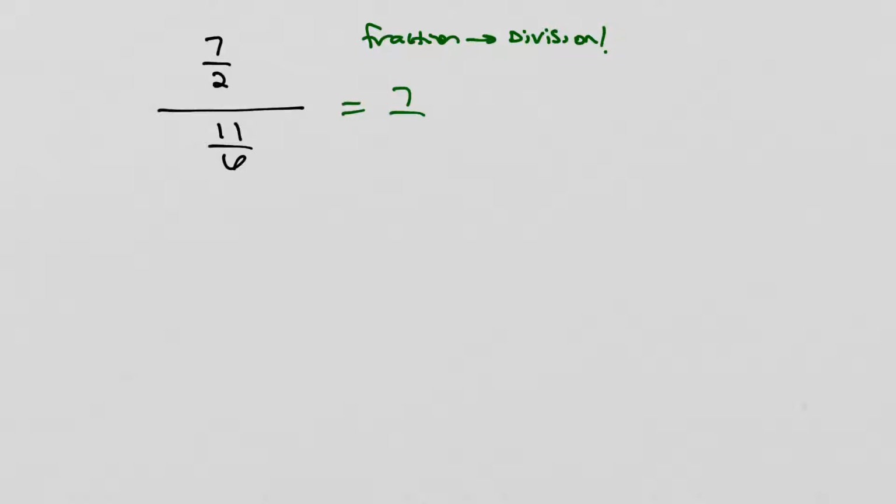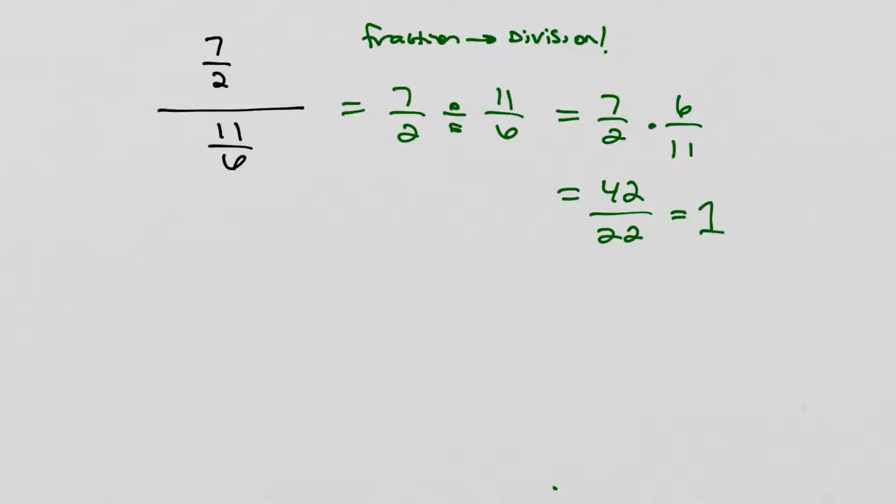So this is the same thing as 7 over 2 divided by 11 over 6, which gives me 7 over 2 times 6 over 11, which gives me my 42 over 22 number, which again is my 1 and 10/11 that we saw just a second ago. So if you ever have one fraction over another, flip and multiply.